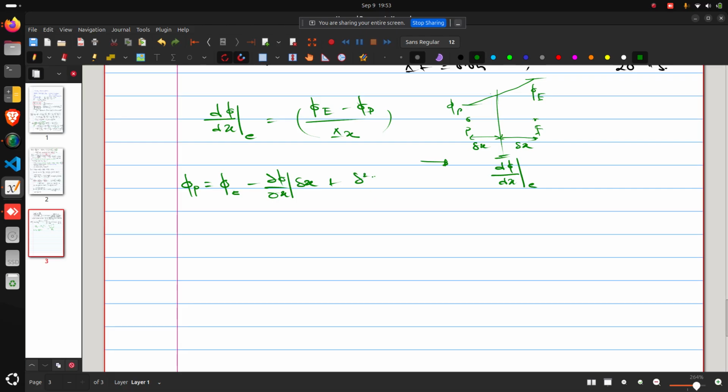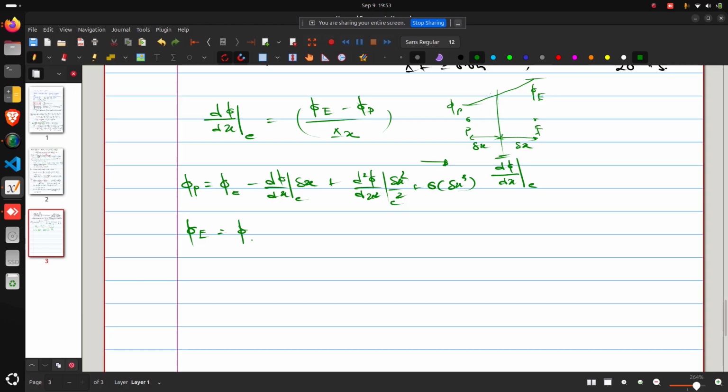Then d square phi, it won't be partial, it will be ordinary differential because it's only one independent variable, at east, delta x square by 2 plus order of delta x cube, okay? And phi east will be what?